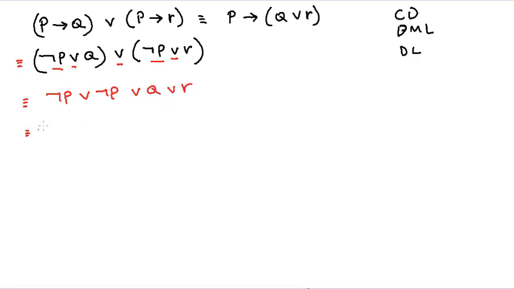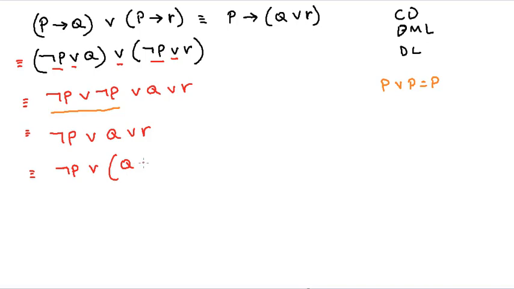And this can be put together, P or P is equal to P, right? So I can transform that into not P or Q or R, and I can rewrite this as not P or Q. I can do that.